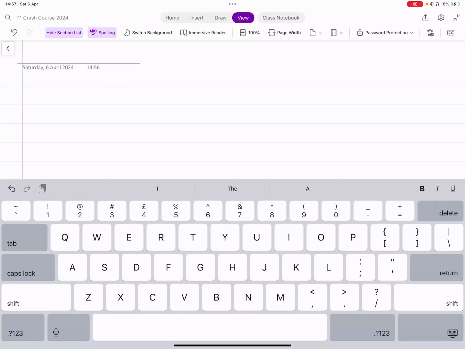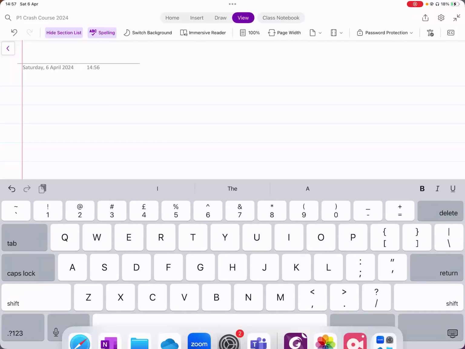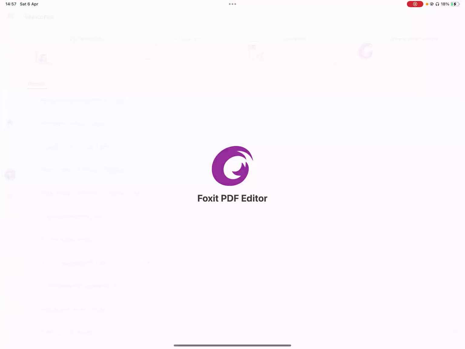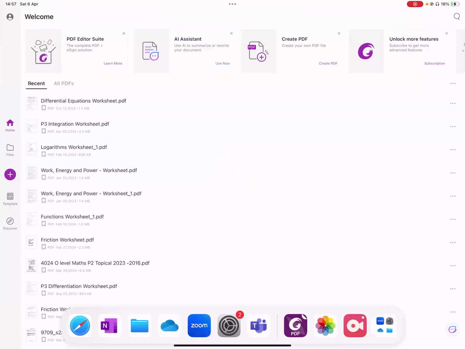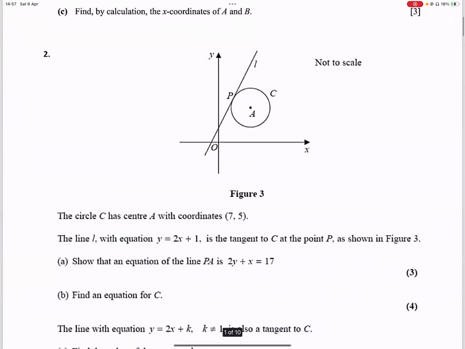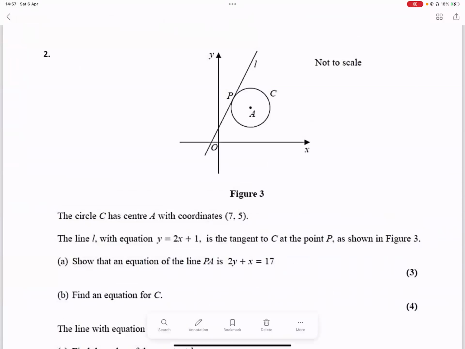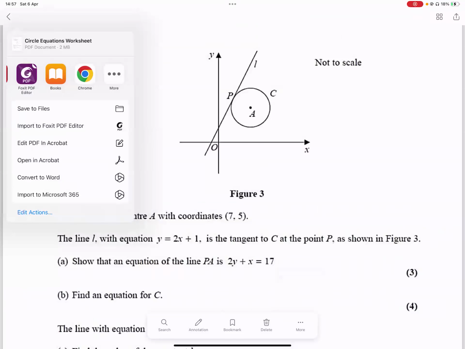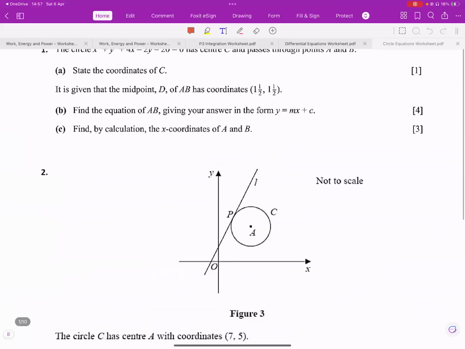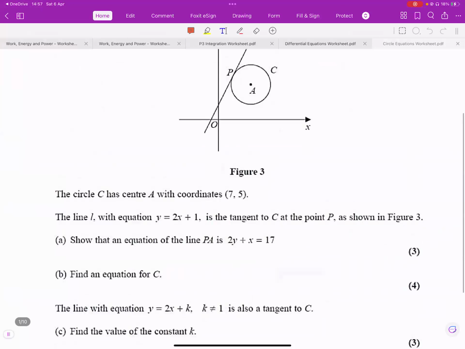First of all, let's start with the one that Hazim is asking about. Question number 2, part C. Let's start with this one. Okay, so we're saying question number 2, part C. Let's try this.